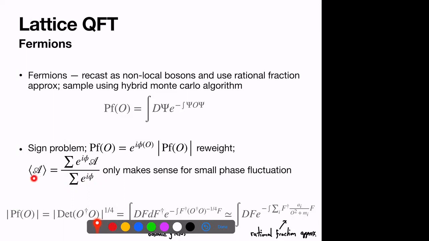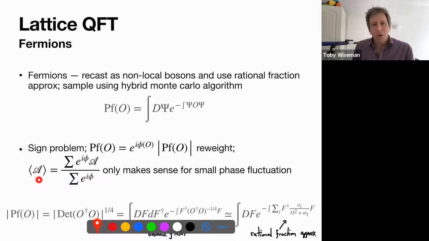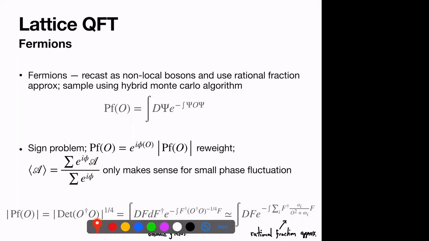What do you do with the mod of the Pfaffian? A is just the operator, so this is the operator evaluated on the configuration. So for the mod of the Pfaffian, you calculate it for each configuration separately and just put it in this formula?